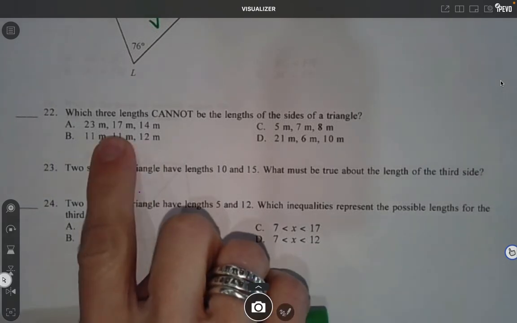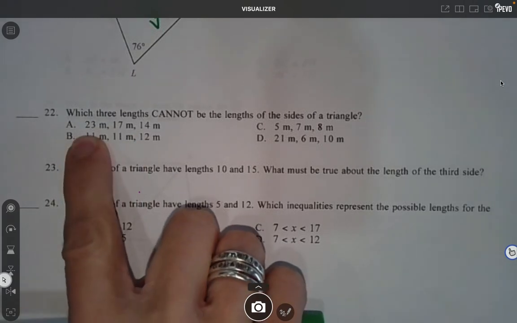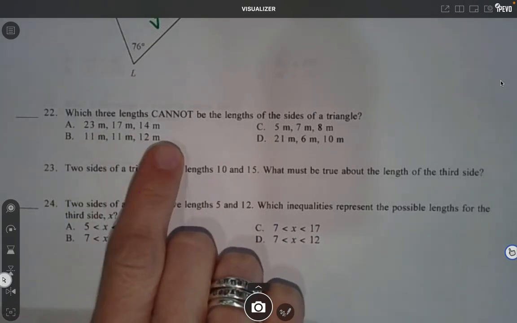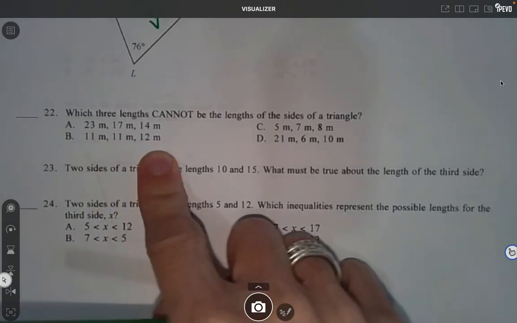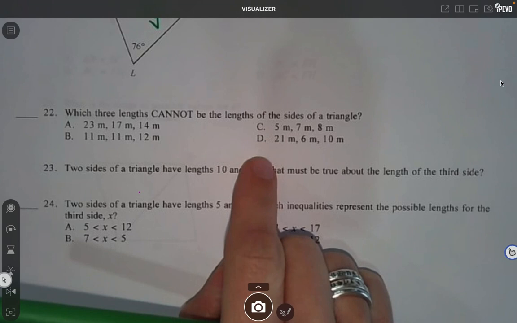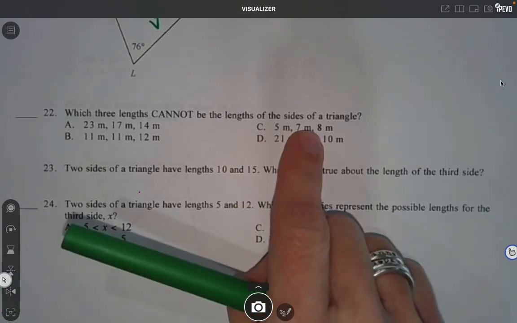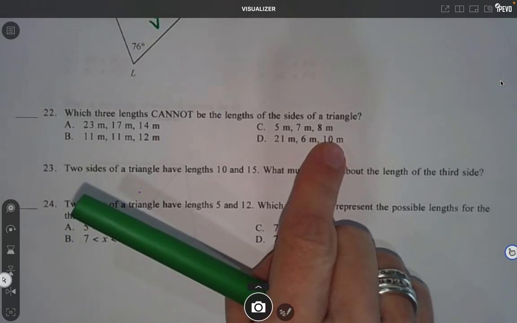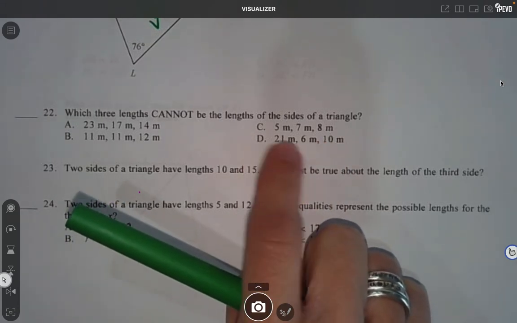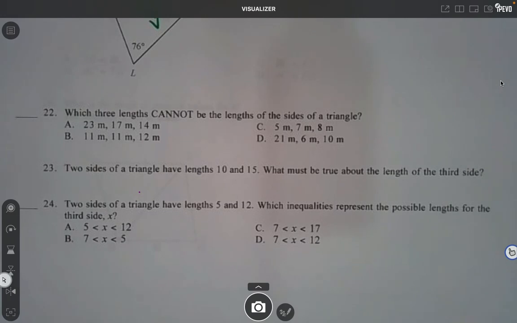So like, are 14 and 17 going to be bigger than 23 added together? Yes. What about 11 and 11? That's 22, bigger than 12. What about 5 and 7? Is that bigger than 8? Yes. What about 6 and 10? Is that bigger than 21? No. So D, those cannot be the lengths of a triangle.